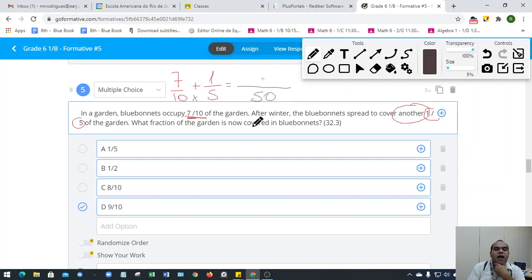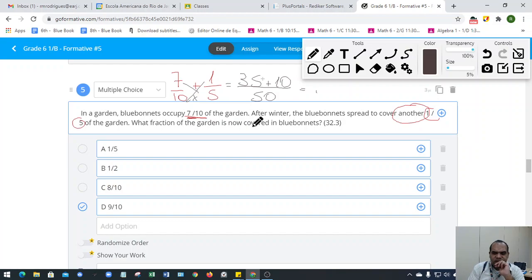Right now, 7 times 5 is 35. And 1 times 10 is 10. Great. 35 plus 10 equals 45.